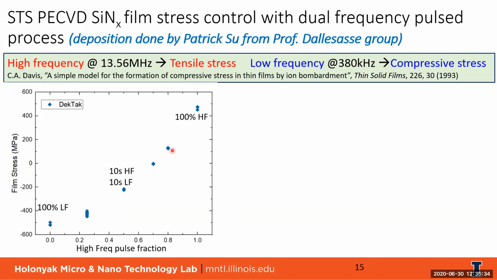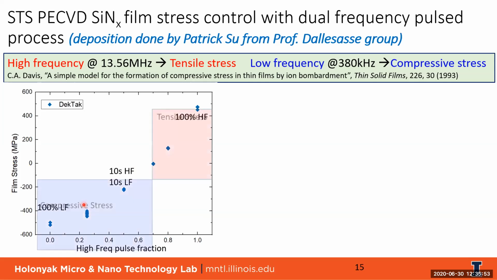For the rest of the data points, he keeps the 20-second cycle, but the exact ratio of high frequency and low frequency components is defined by the high frequency pulse fraction displayed here.